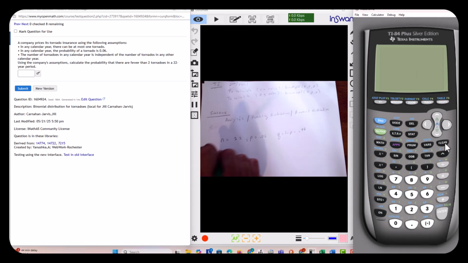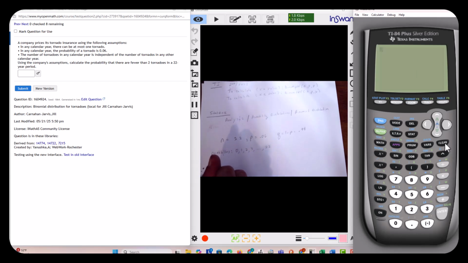One thing you might want to write down is the possibilities for X. In a 22-year period, there could be 0, 1, 2, 3, up to 22 tornadoes, because the way they're assuming it, there's at most 1 per year. So it's a good idea to see what your possibilities are.